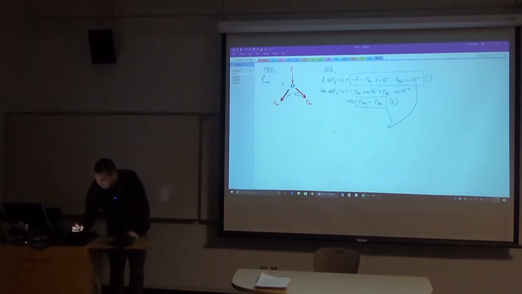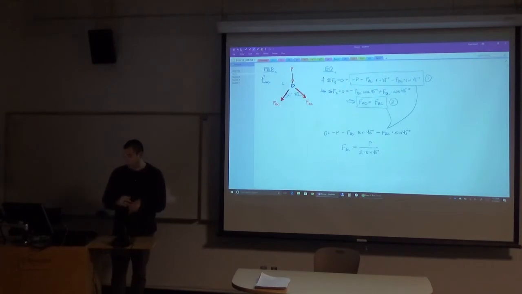So I would get 0 equals negative P minus FBC times sine 45 degrees minus FBC again times sine 45 degrees. And I would simply get that FBC equals P divided by 2 times sine of 45 degrees.